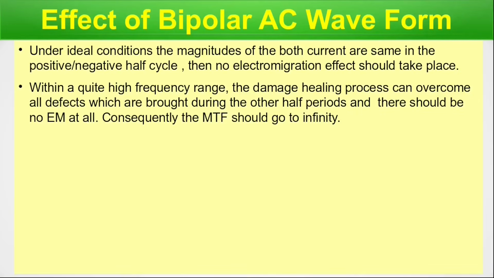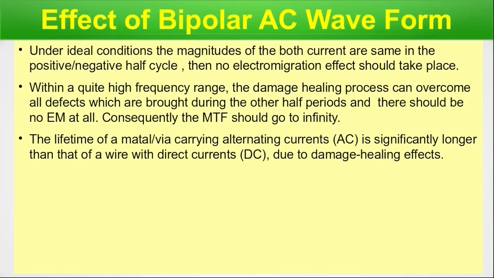If you can recall the slide in the last episode where I showed the infographics about the shifting of the MTF point, that point, in this particular bullet, as per the condition, will move towards infinity. The lifetime of a metal wire carrying alternating current, AC, is significantly longer than a wire with direct current, DC, due to the damage healing properties of the AC waveform that so far we have discussed.